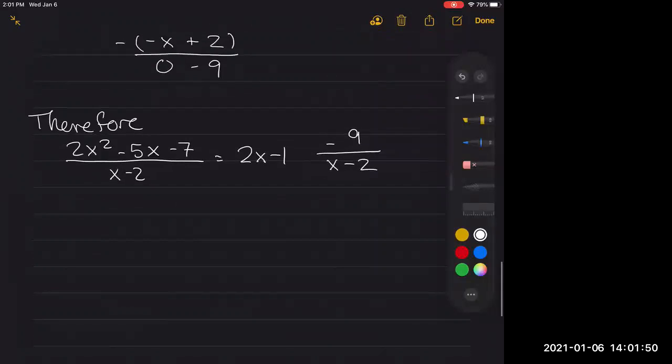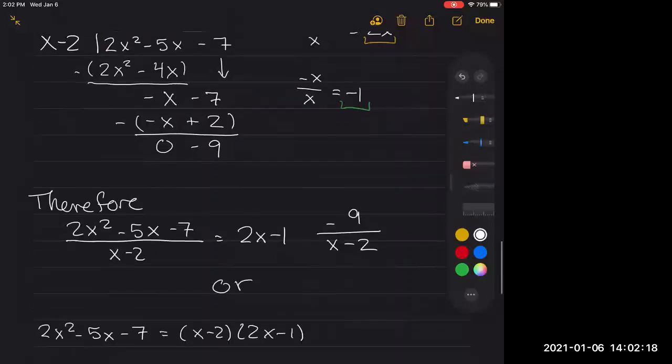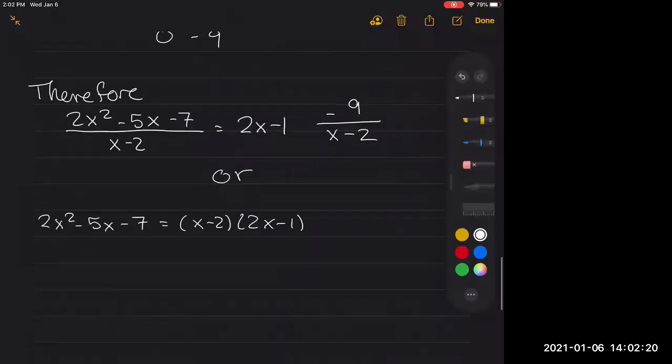Or, because we also have that other way to write it, 2x squared minus 5x minus 7 equals x minus 2, 2x plus 1. I'm so sorry, this should not be a plus 1. This needs to be a minus 1. I have that written wrong in my notes. Okay, perfect.